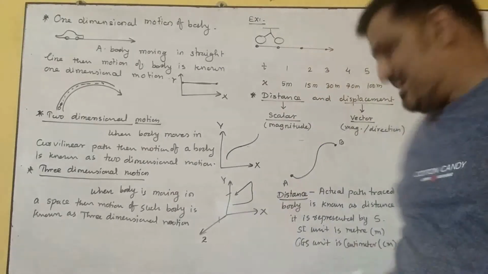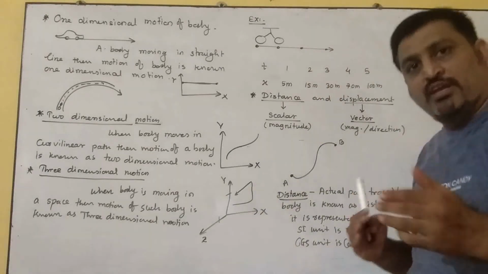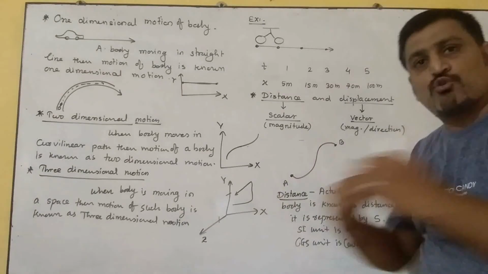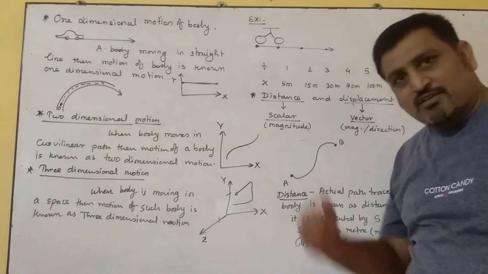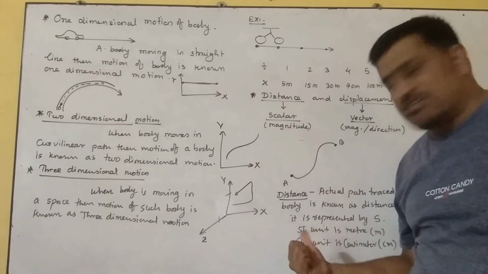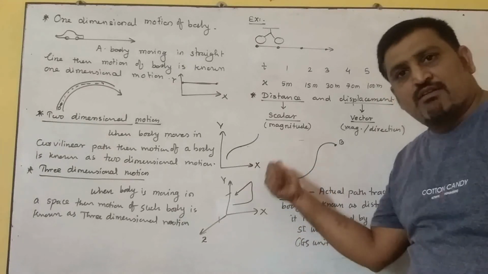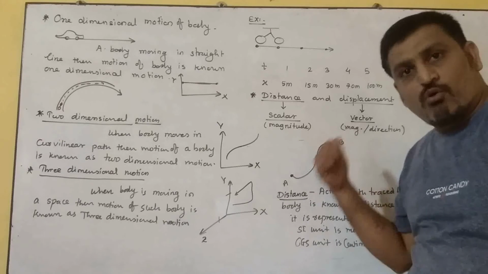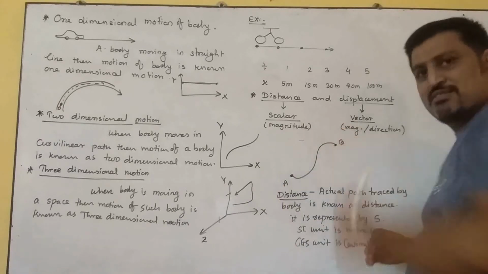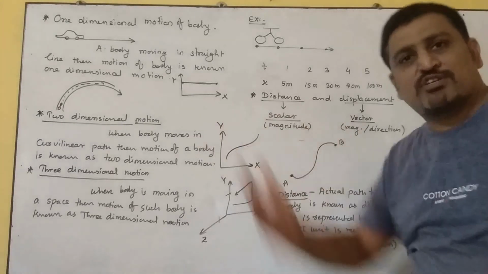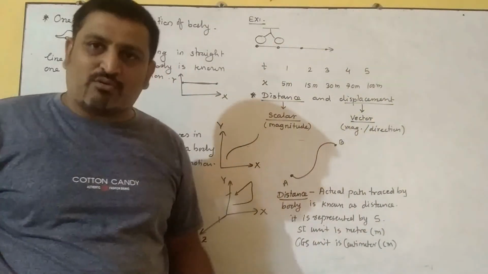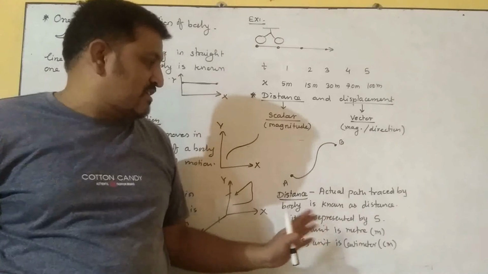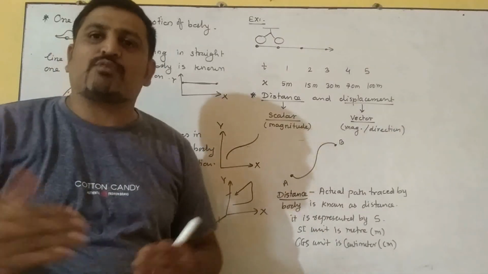So in that case, the body traces the actual path to reach its destination. It started from its initial position, and whatever actual path or road it follows, it then reaches its final destination. You are coming to the school in such a way only, right? So that is nothing but the distance covered by the body.